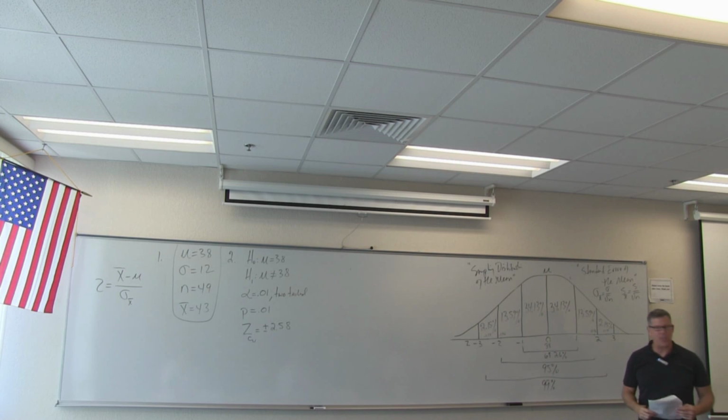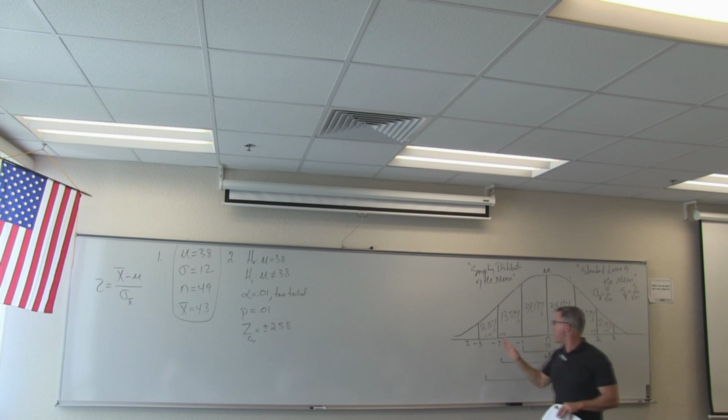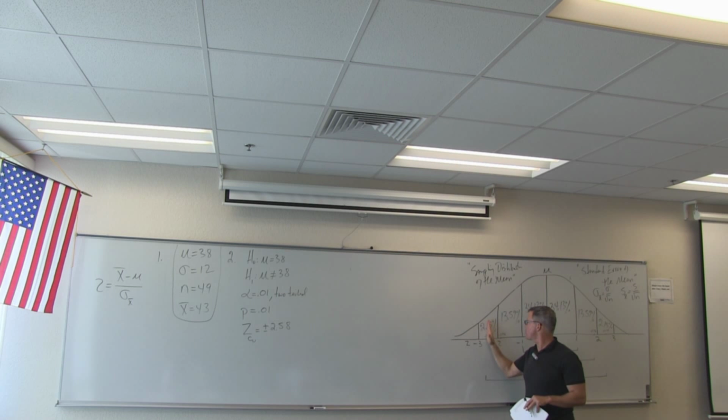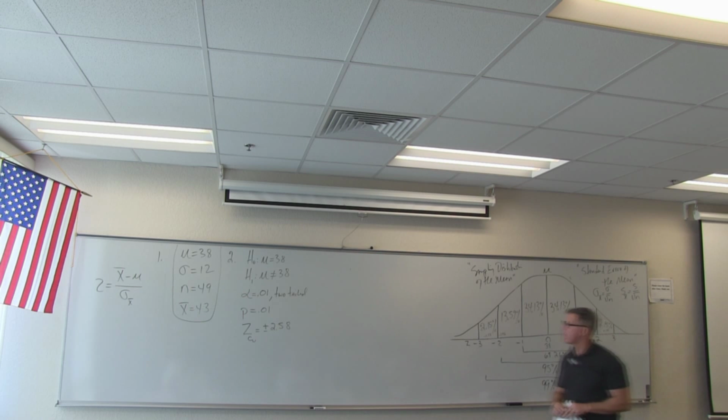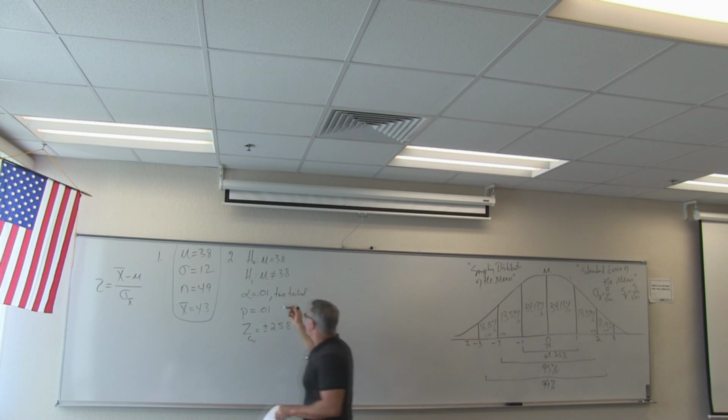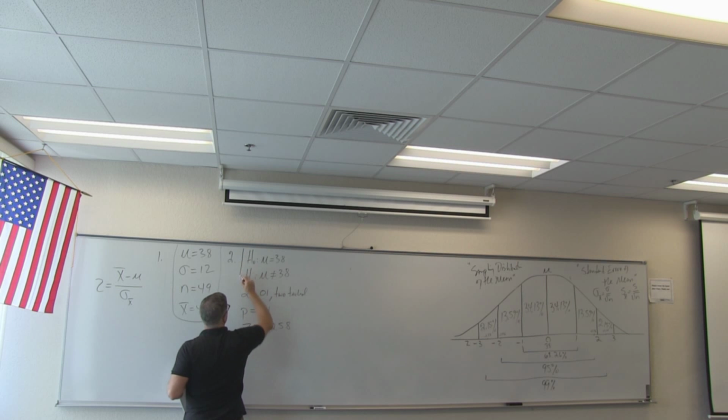It's becoming second nature now. We know that about 0.5% falls from this position back, and about 0.5% falls to the right of positive 2.58. And if this confuses you, look at your z tables. We have our second set of information.